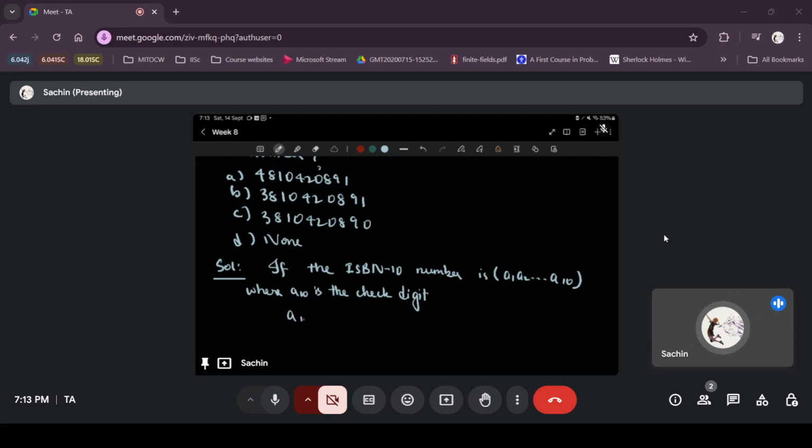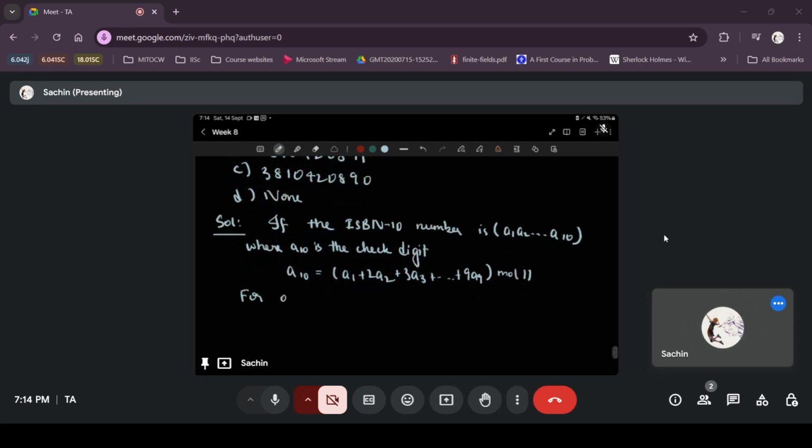then A10 must be equal to A1 plus 2A2 plus 3A3, etc. up to 9A9 mod 11.